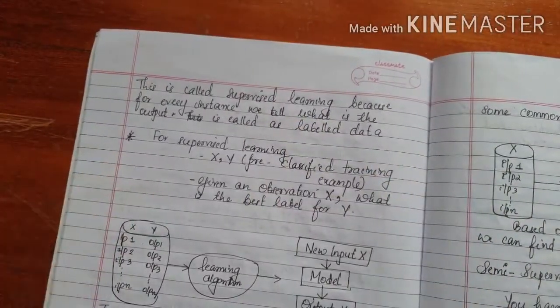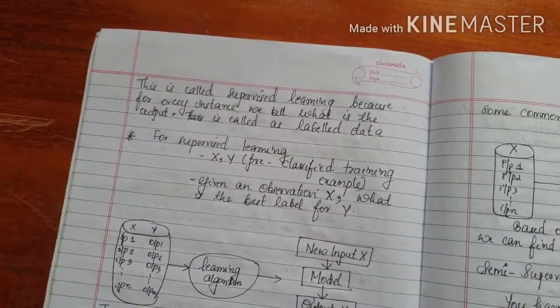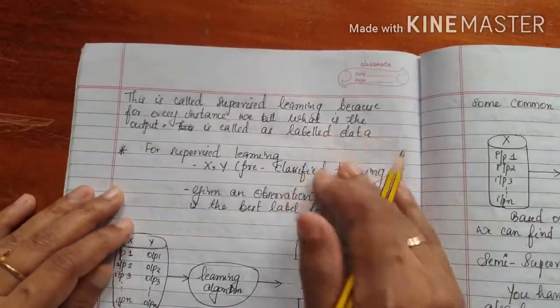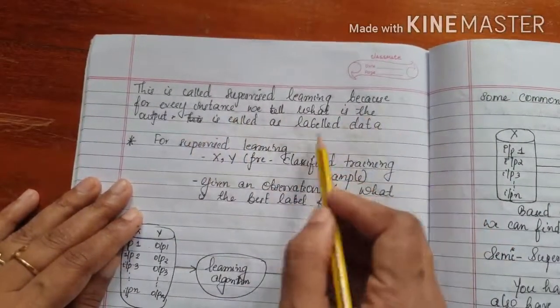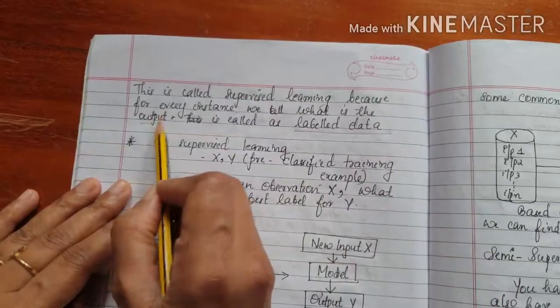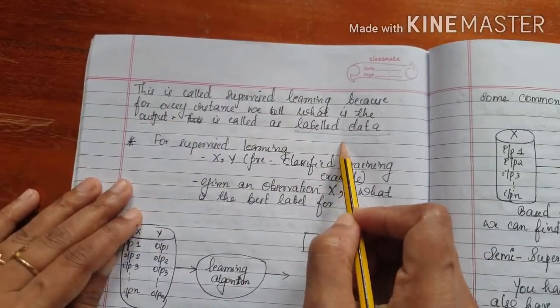If we are providing input and its corresponding labeled data, such a learning is called supervised learning, because for every instance we tell what the output is. This is called labeled data. Output is nothing but labeled data.